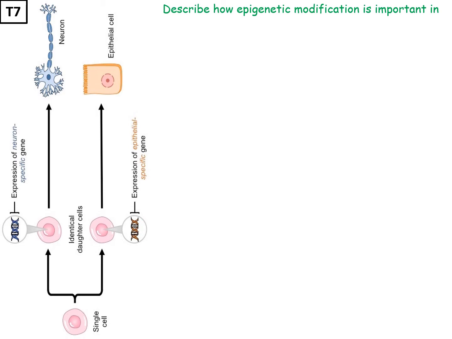So therefore, the cell has all the genes, but which specific genes are switched on or switched off will have an impact on which sort of function it has in the future. So it's important in ensuring cell differentiation, in other words, making cells different because they have different functions.